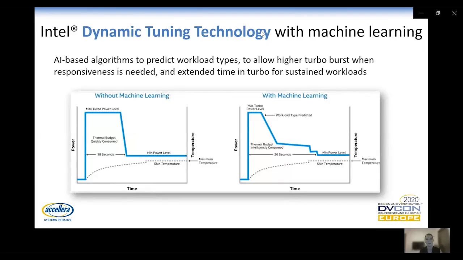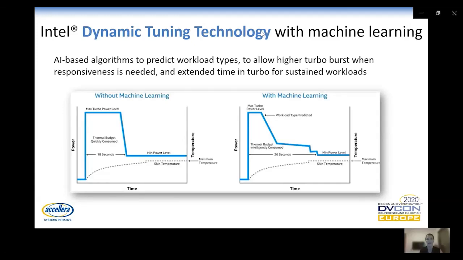Here, the idea is how AI can improve Intel's products by providing more power and performance from a user experience perspective. What we have done here is enable the machine learning algorithm to predict what is the workload that is currently running on the computer.